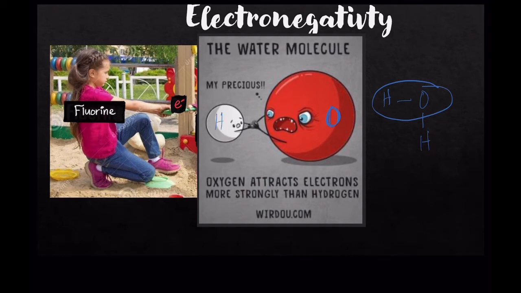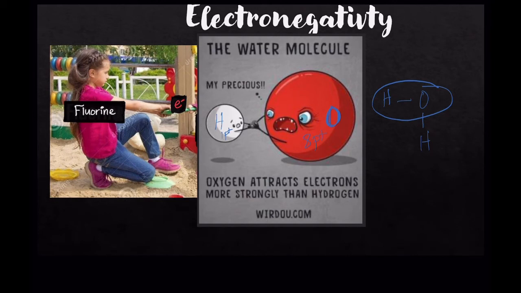So oxygen is pictured as the more massive atom because its nucleus is more massive. It's got 8 protons in its nucleus, and it's also got 2 energy levels. Hydrogen only has 1 proton. So the effective nuclear charge of oxygen is much greater than hydrogen's, 8 times greater, and therefore it will more strongly attract the electrons to itself.